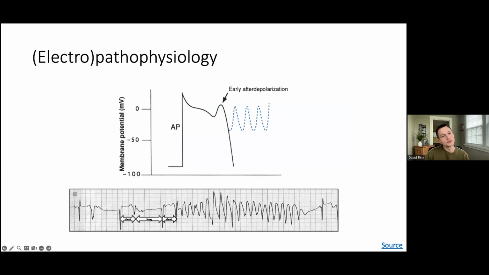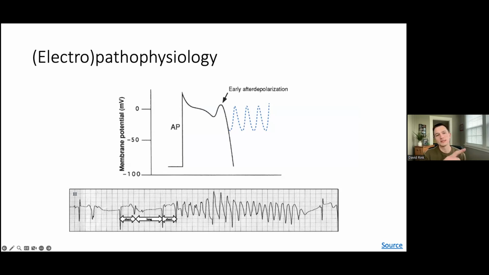Again, I don't want to dive too deeply into the pathophysiology here, but the mechanism or the electrophysiology for torsades is that it is a triggered arrhythmia that occurs due to early afterdepolarizations. So the prolongation of the QT interval results in this derangement in the action potential.